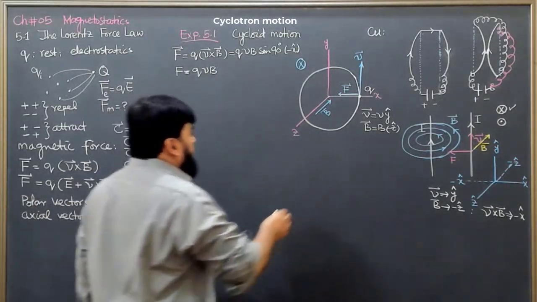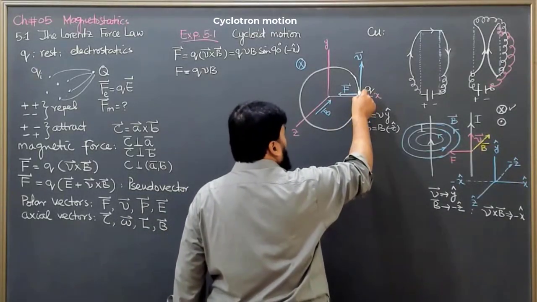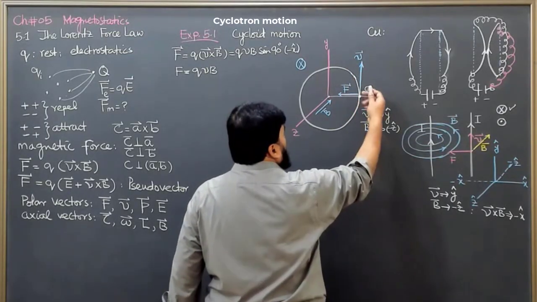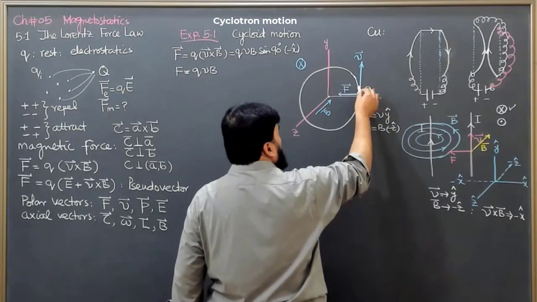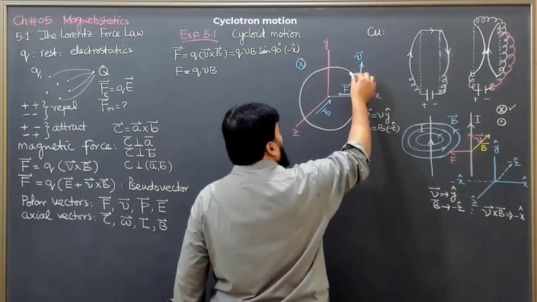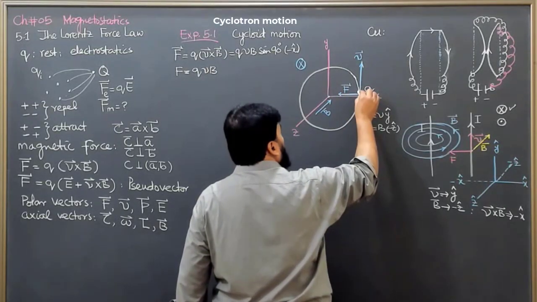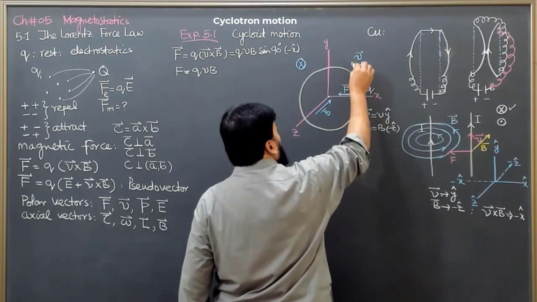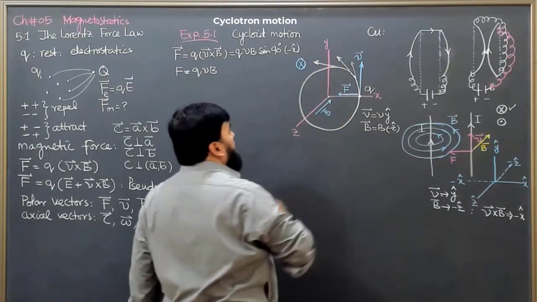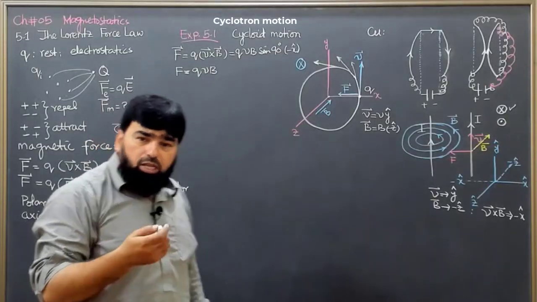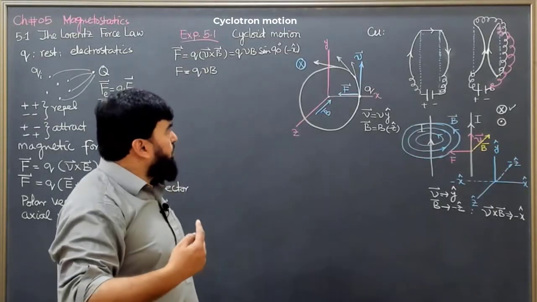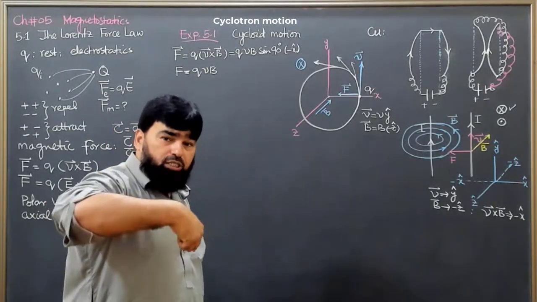Now when the particle takes another step, its direction changes slightly, you see that it is going this way, but the force compels it to not exactly follow its path, but slightly tilt, and so on. At this point the direction of v is this, and then here, and then here, and so on. So it is basically a central force toward the center, just a centripetal force. So it will accelerate the particle toward the center.